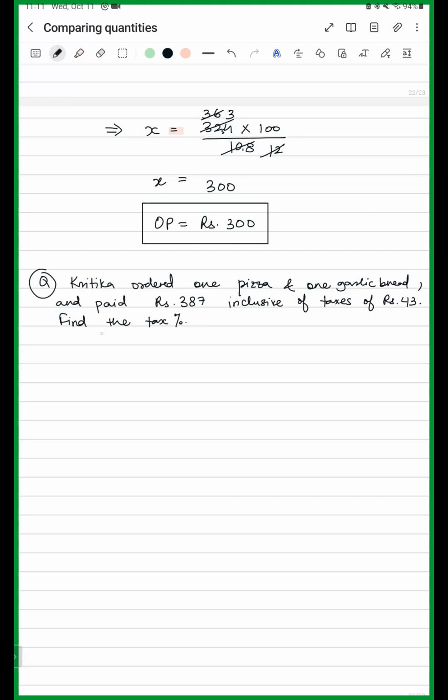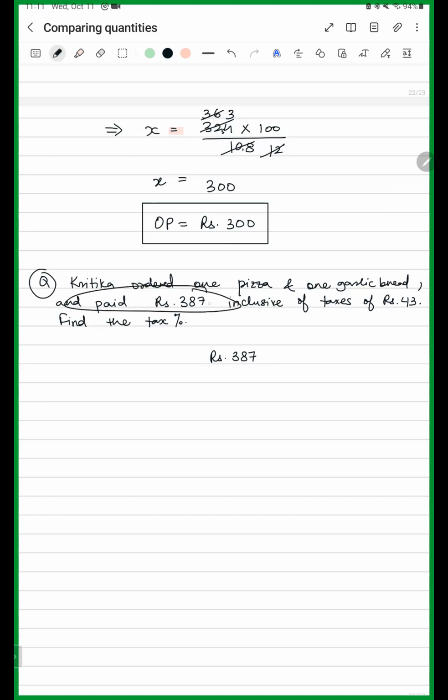Okay. So she paid rupees this much. So that means 387 becomes how much? What does it become? She paid 387.